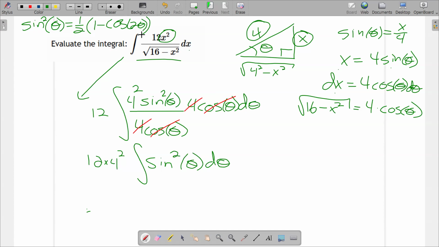Sine gets a minus on that, cosine gets a plus on that. So then I'm going to leave the 12 times 4 squared out front. And then I'm replacing the sine squared with this above. So I could pull the 1/2 out as a multiple, leaving just 1 minus cosine of 2 theta.